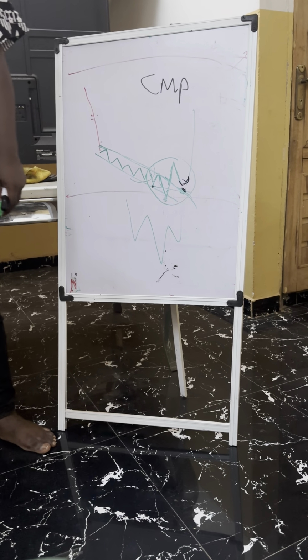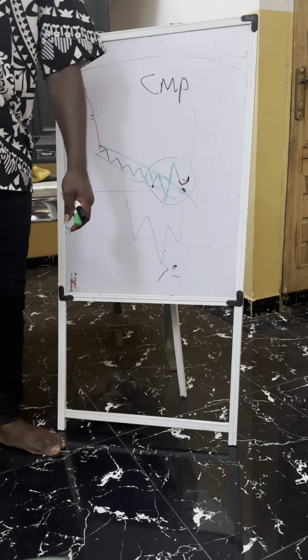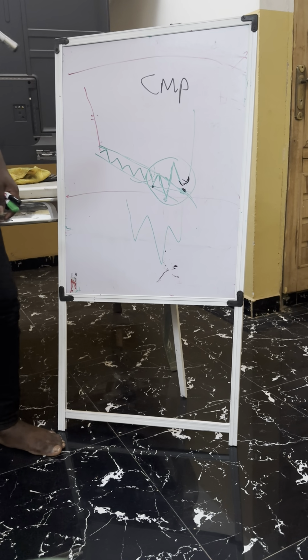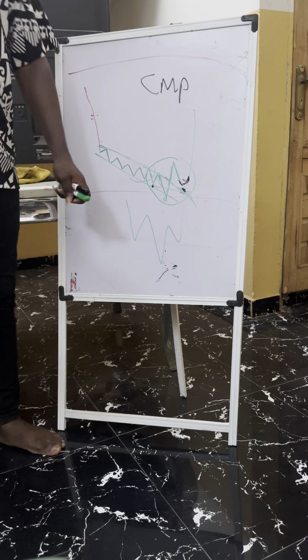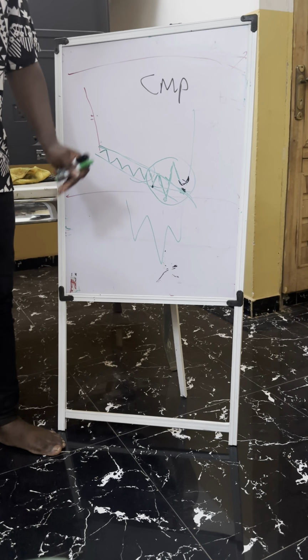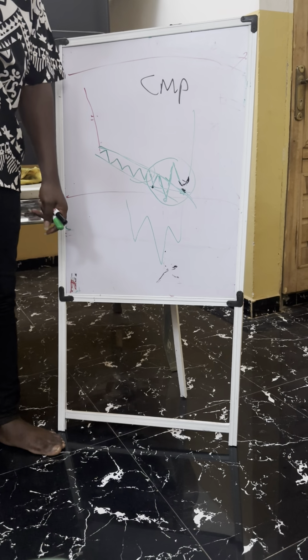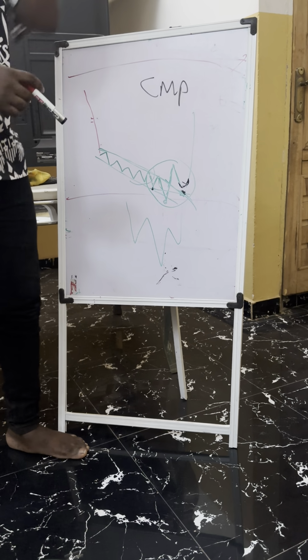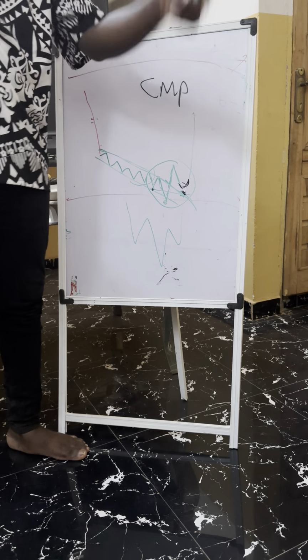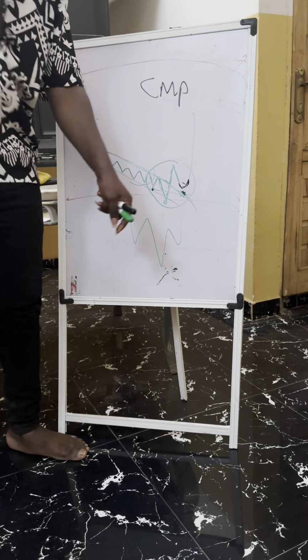If you click a sell, that means it's a sell limit. But there's one you will see where they wrote market only. That's CMP, current market price. That one will place the trade at the actual place where the market is already ticking. Once you press buy, the market will buy at the current market price. If you click sell, the market will sell at the same place.